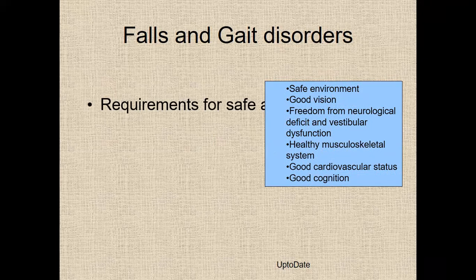So the environment is generally safe. There should be good vision, and freedom from neurological deficits and vestibular dysfunctions. These are the things that may lead towards fall. A healthy musculoskeletal system is going to decrease the risk of fall. A good cardiovascular status and good cognition are the key if you want to decrease the risk of fall.